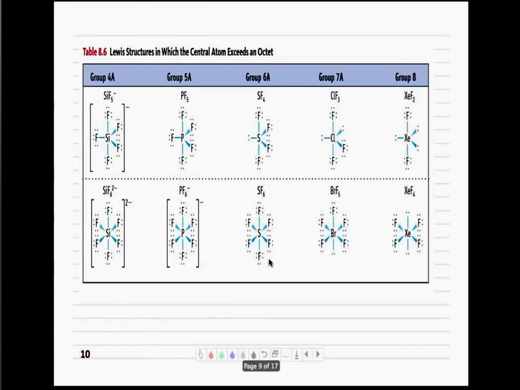Okay? The only weird thing that you're going to see that we never talked about is those two compounds in here. Xenon, which belongs to group 8A, the noble gases. We said that this group doesn't react because they have the octet rule. Actually there is one more, which is xenon oxide.